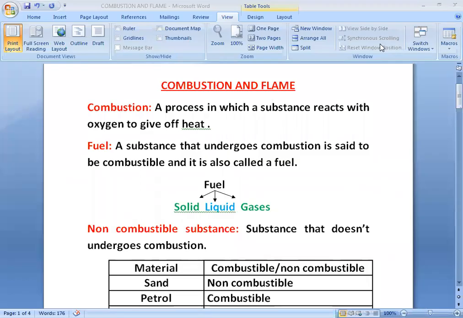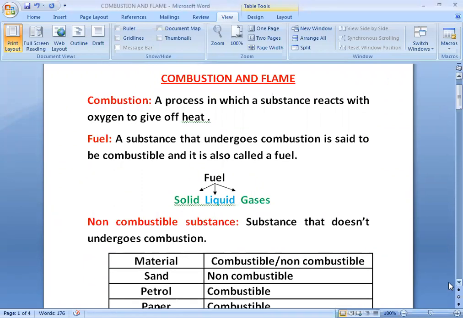Good morning, students. In today's science class, we are going to start the chapter Combustion and Flame. In our day-to-day life activities, we use a number of fuels for various purposes, like LPG in our homes.